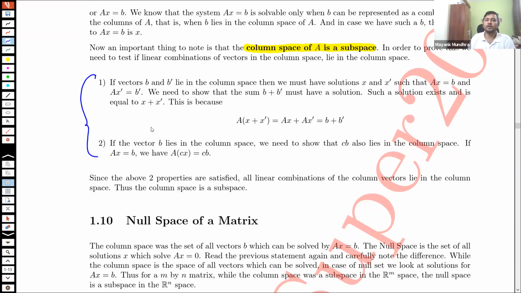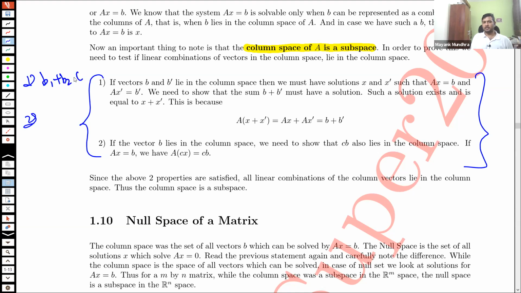So this is another way to show that something is a subspace. In this case, it's a two-part thing. You have to show two things. Suppose b1 and b2 lie in the column space. Then you have to show b1 plus b2 lies in the column space.